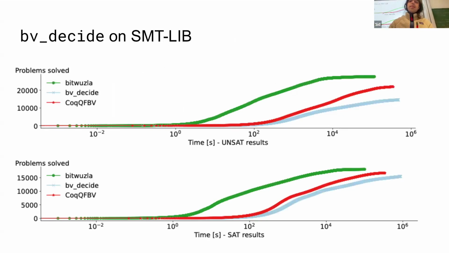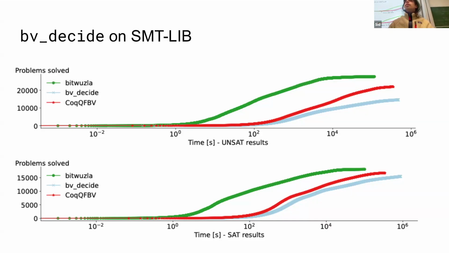We also compare against Bitwuzla. So we solve quite a few problems, but we're still not there yet. There's still a fairly large gap with Bitwuzla. And most of the gap, as far as I remember, is because Bitwuzla builds much better circuits than us in certain cases.